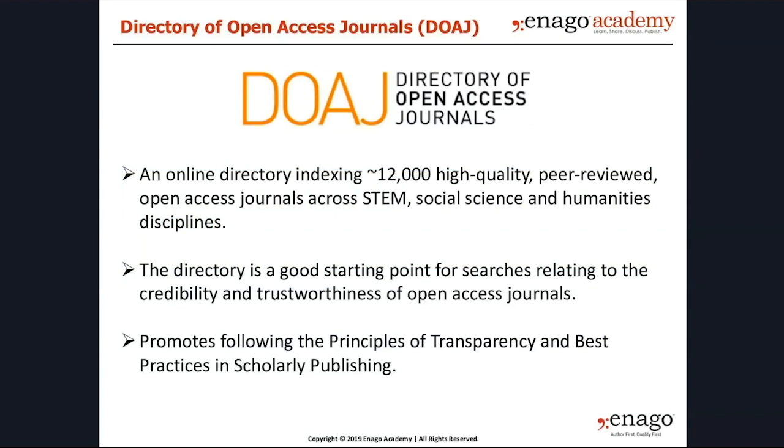Together with the Committee on Publication Ethics and the Open Access Scholarly Publishers Association, they have created some quite granular, very fine criteria for accepting journals into their database. So if it's in the Directory of Open Access Journals, then it's highly likely to be a legitimate journal.